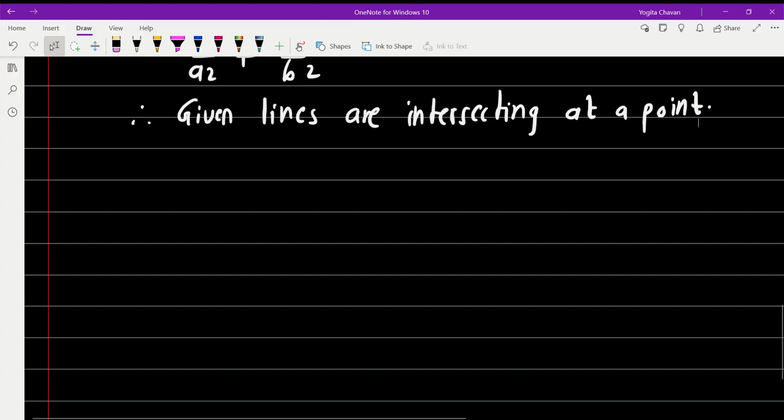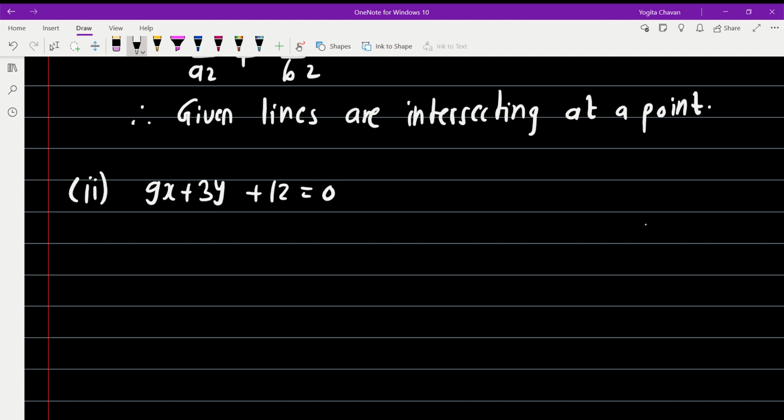Now number 2. Now the second pair of equations, 9x plus 3y plus 12 is equal to 0 and 18x plus 6y plus 24 is equal to 0.